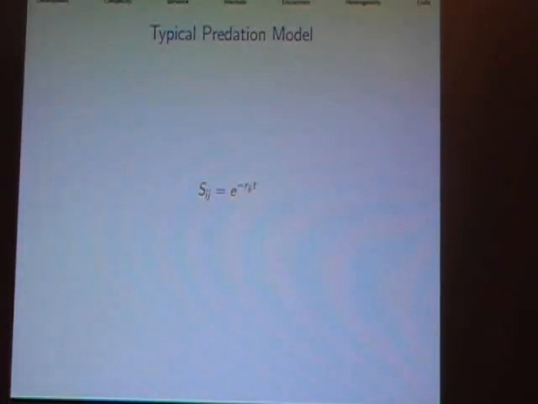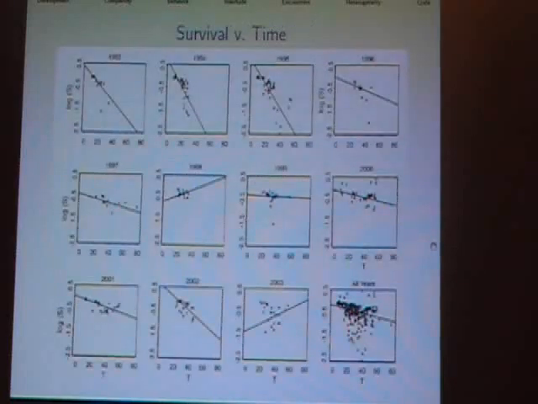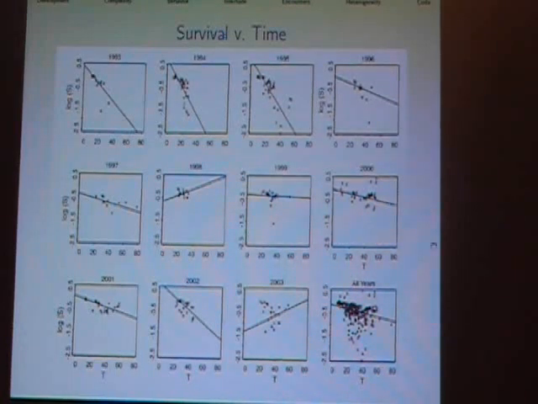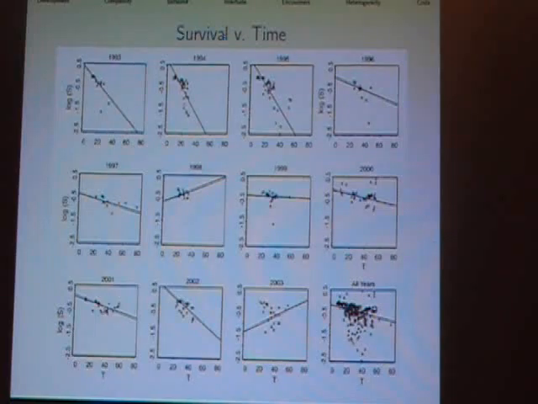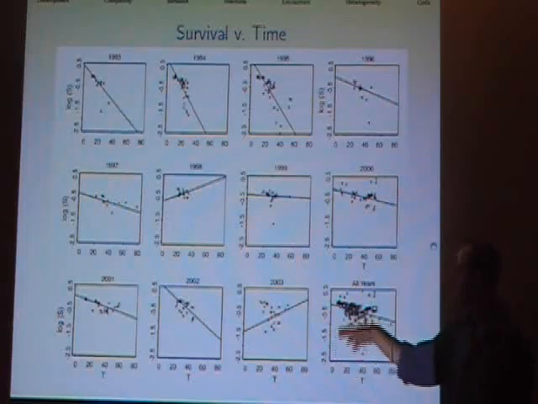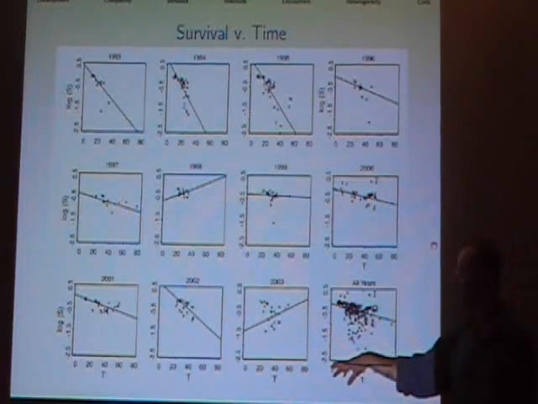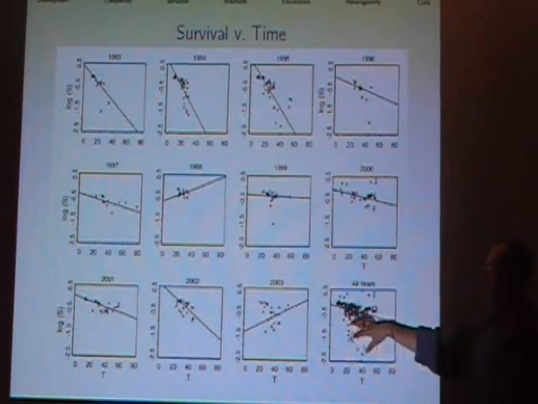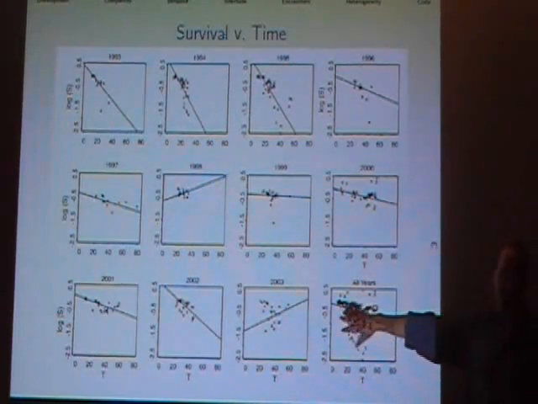But some people, these are plots from an article by Anderson, Gurarie, and Dale, have gone ahead and actually regressed survival against time. It's not that easy to tell in this plot, but basically, these fish migrate from 0 to 80 hours through a reservoir, and that doesn't change their survival that much.